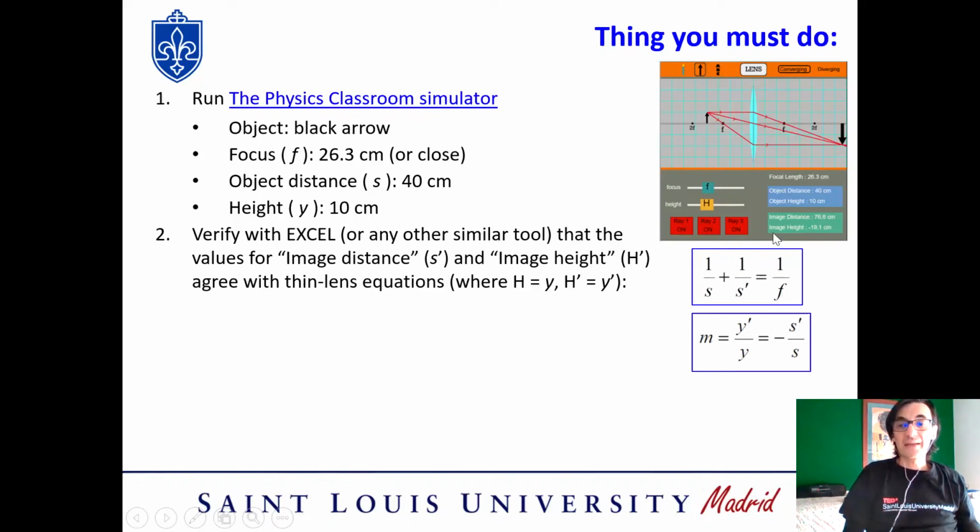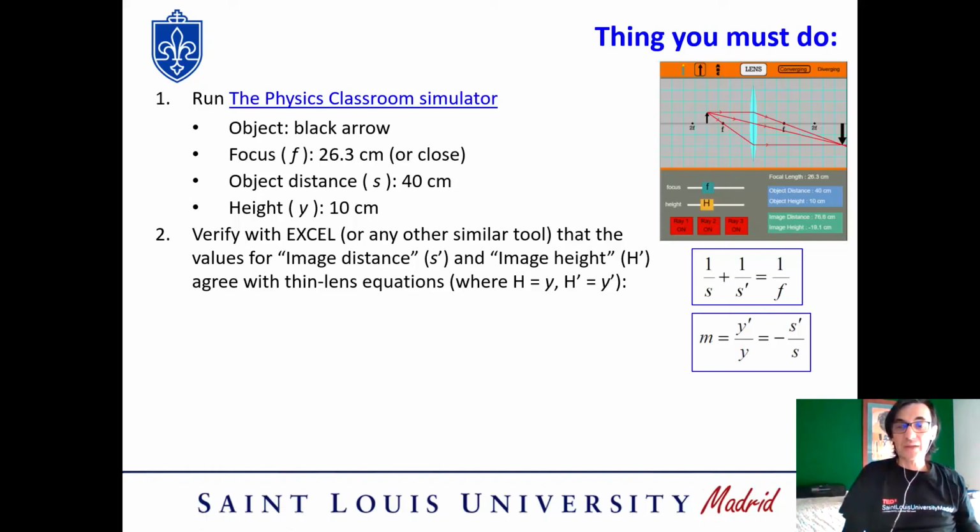You want to verify that the values for the image distance and the image height, which are s prime and y prime in our formulas, correspond to the ones calculated by the simulator. Okay? If there is any difference, of course, you want to provide this difference as percentage difference, as usual, right?